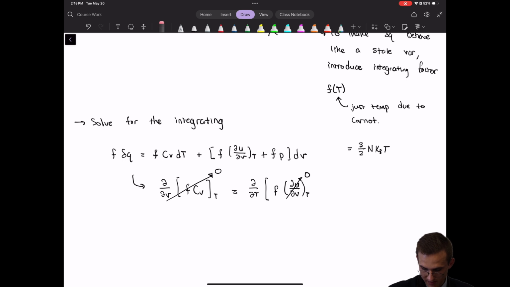We can also write it on a mass specific basis, lowercase u, 3/2 RT. Okay, that's some of that interplay between the different gas constants that you can have. So there's no V dependence there. So when you take the derivative with respect to V, it actually just drops out. And then we have F and P here times dV.